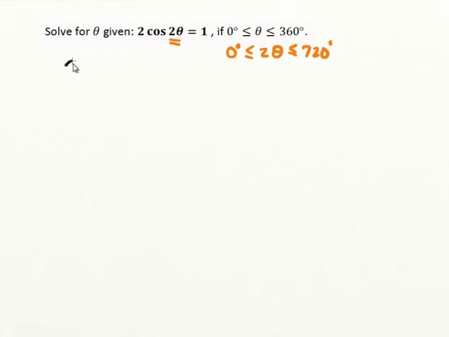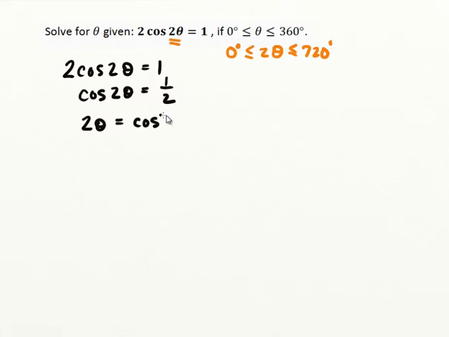So if I write this as 2 cosine 2 theta equals 1, I can then say the cosine of 2 theta equals 1/2. And then, what is 2 theta? So 2 theta will be the inverse cosine of 1/2. And if you put that into your calculator, it will tell you that 2 theta is equal to 60 degrees.